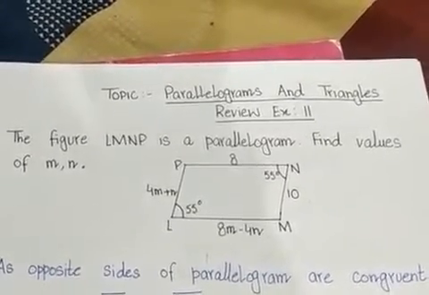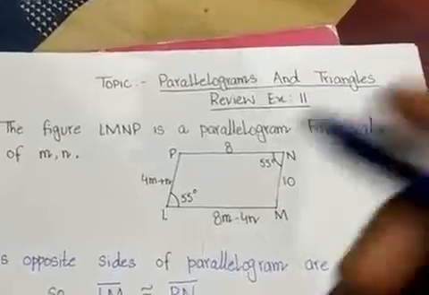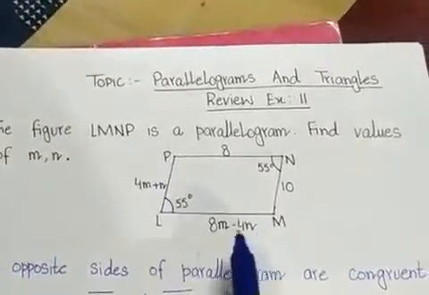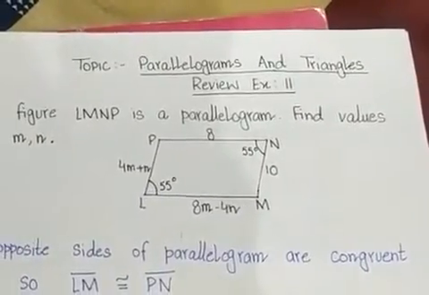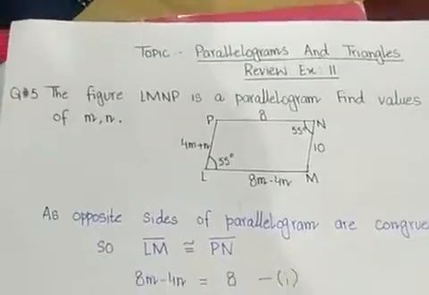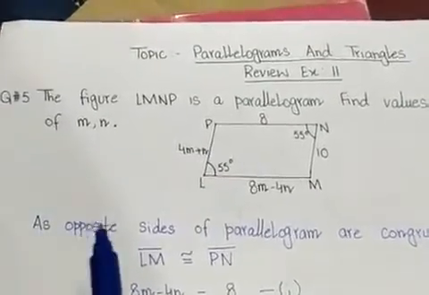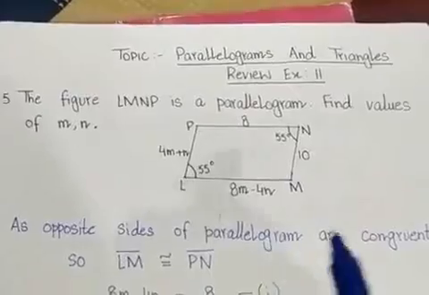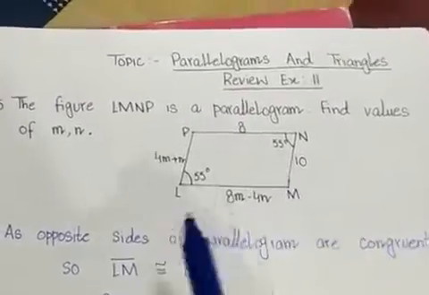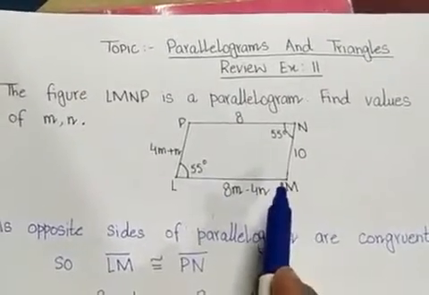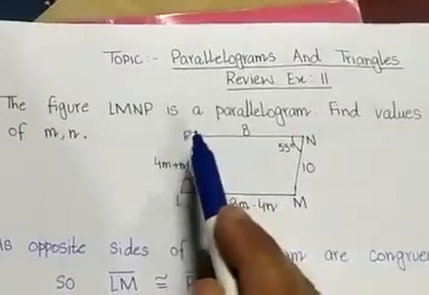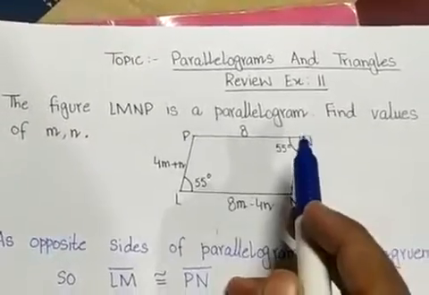M and n are representing the sides of a parallelogram. So, now we will write the statement as opposite sides of parallelogram are congruent. So, LM, this side is congruent to NP or PN.